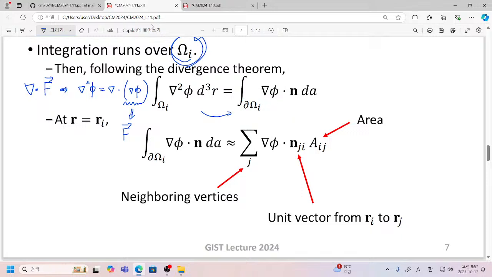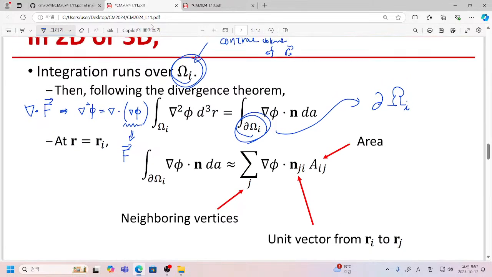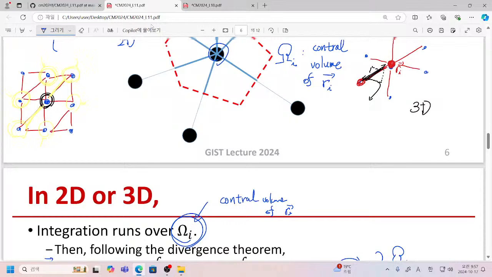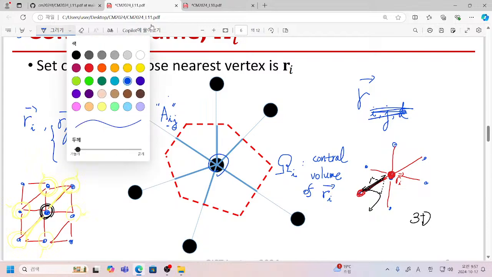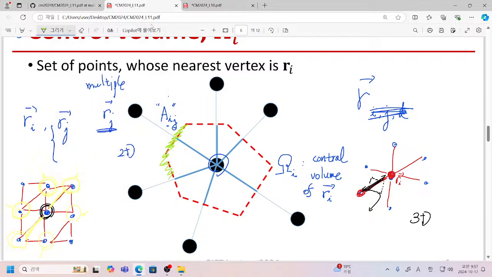And now we ask ourselves, what is this boundary of omega i? Let me come back to our previous 2D example, and please try to identify it. Can you point out what is the boundary of omega i? Round omega i should be identified as this surface.